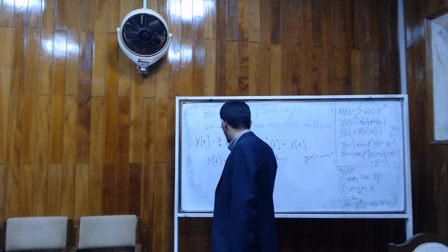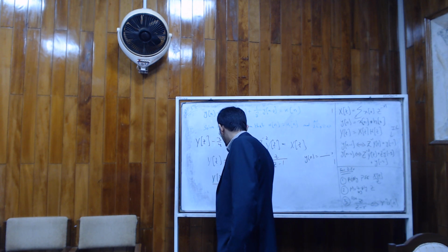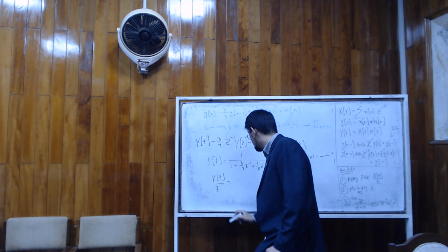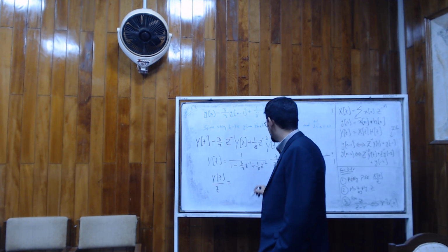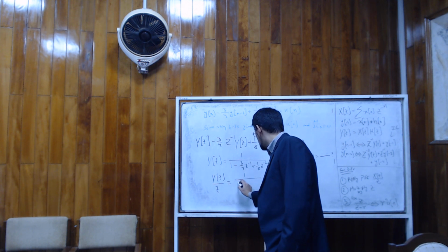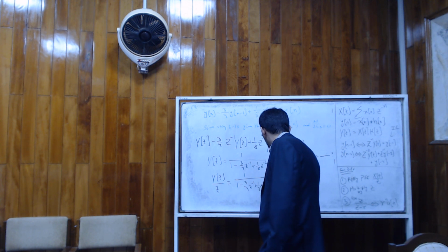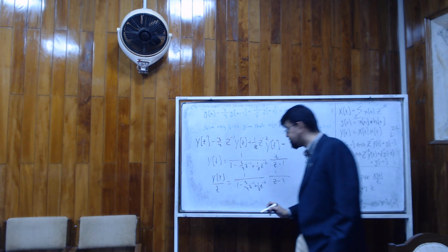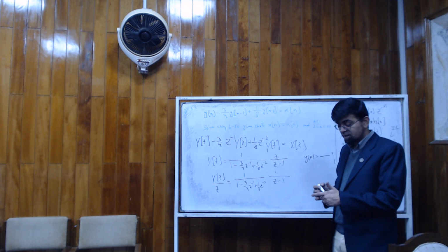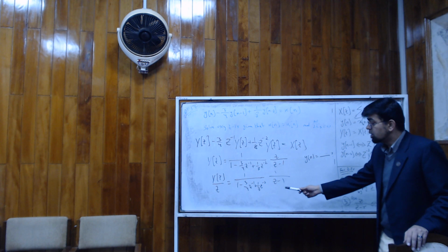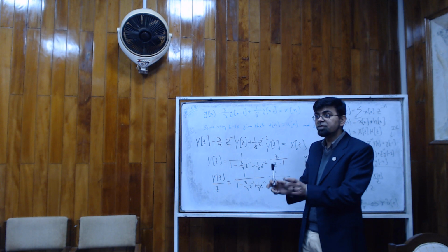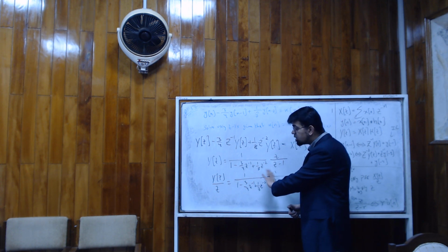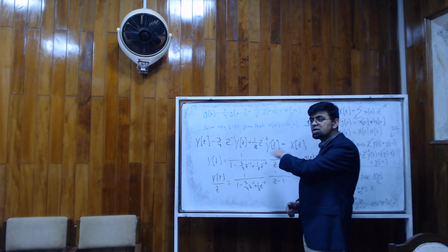So let's do that. First let's make yz over z. What's that? This z disappears, and you have 1 over 1 minus 3 by 4 z minus 1 plus 1 over 8 z minus 2, times 1 over z minus 1. Now what do we do in partial fraction expansion? What's the first step? Often make these factors. Once you have factors in the denominator, from here on it's got nothing to do with this course, z transform or those things.